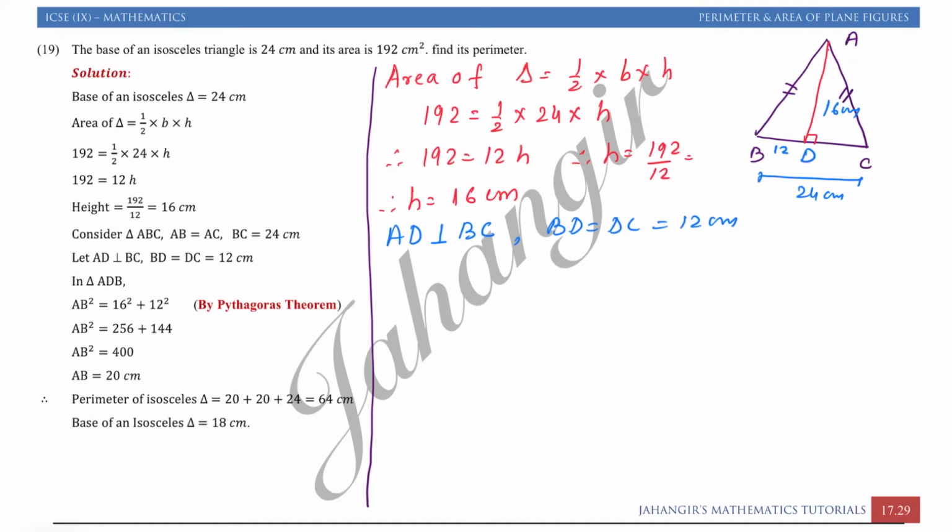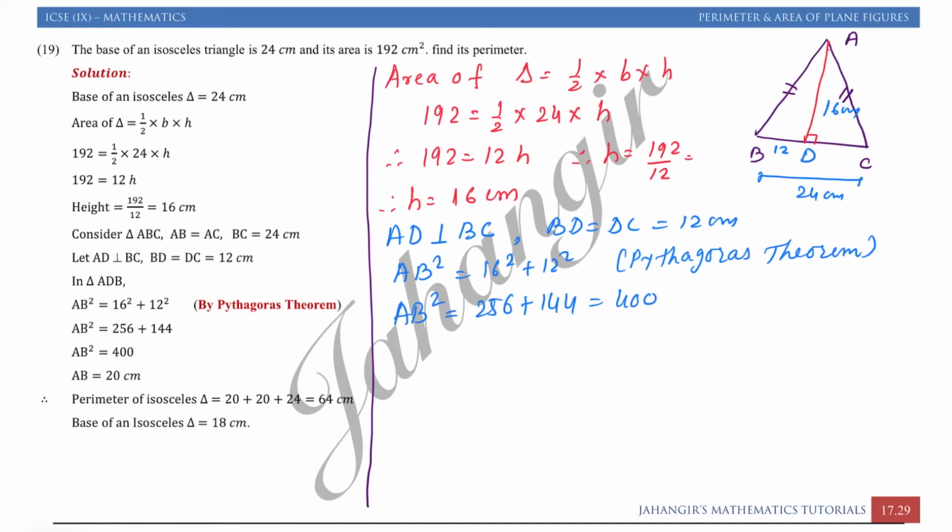So by Pythagoras theorem we can say AB square is equal to 16 square plus 12 square. So AB square is equal to 256 plus 144, that is equal to 400. So therefore AB is equal to 20 centimeter. So we can say AB is equal to AC is equal to 20 centimeter.